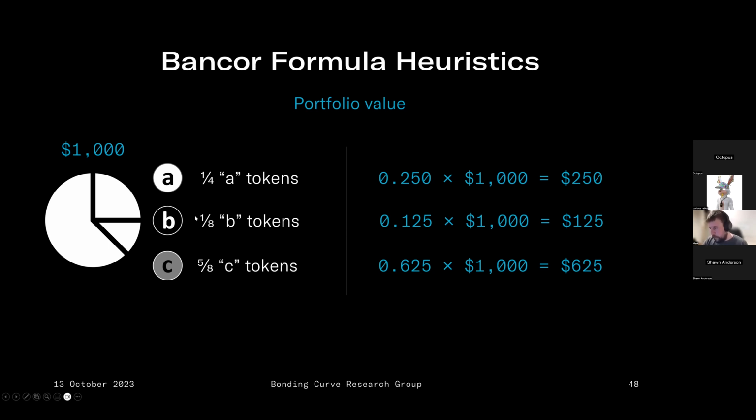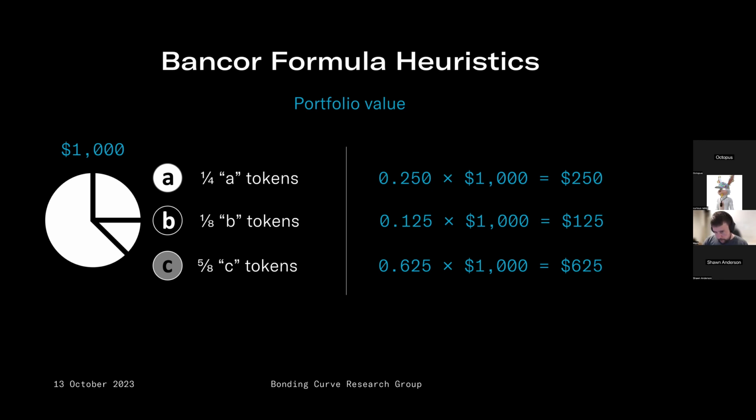For B, if we know that 1/8 of the portfolio is denoted in B, and the portfolio is worth $1,000, then there must be $125 worth of B tokens. Again, that doesn't tell you how many B tokens, it only tells you what they're worth. Last but not least, the majority of our portfolio is denoted in C tokens, and 5/8 times 1,000 is $625.